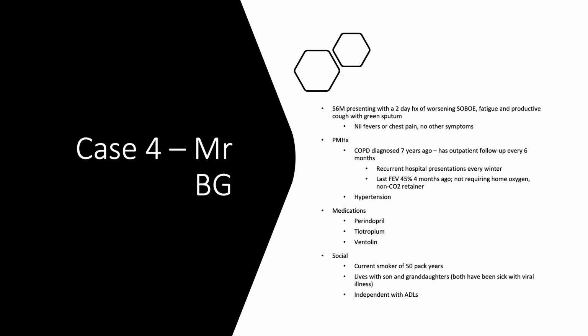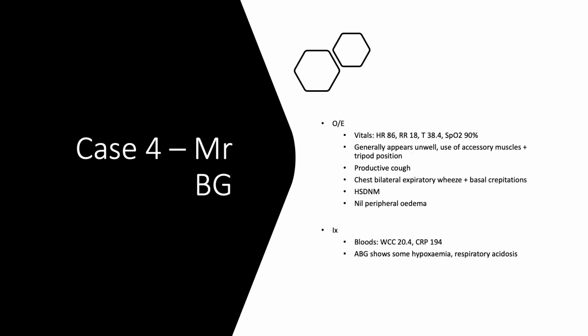Socially, he is still smoking quite significant amounts. He does live with his son and granddaughters, and these have been sick with a viral illness, so he does have some sick contacts. But he's quite a well 56-year-old, so he's quite independent.